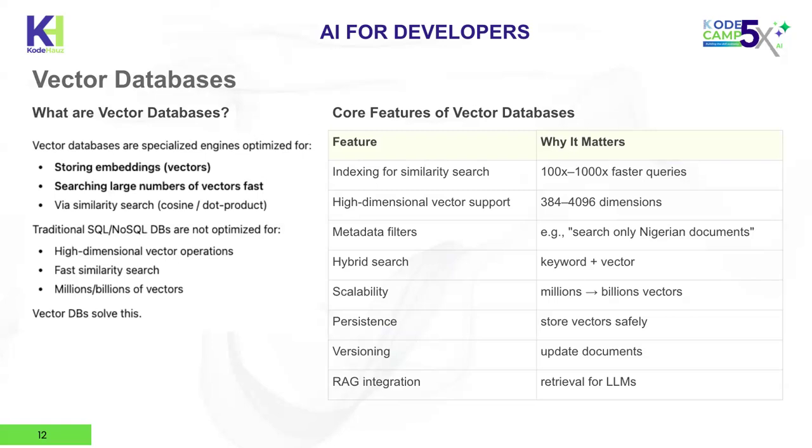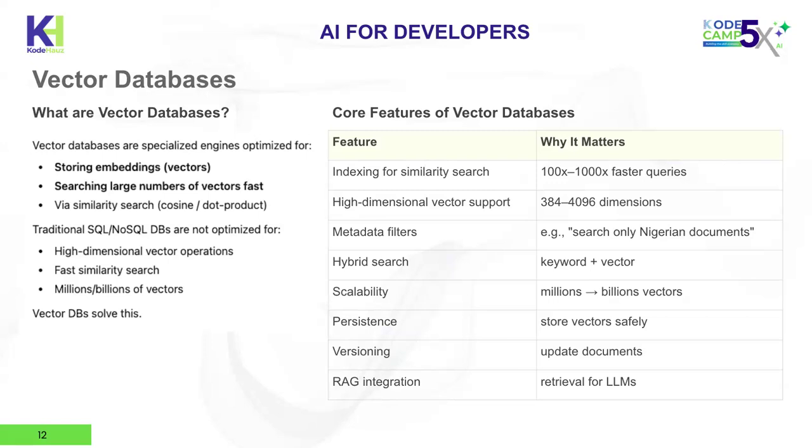So while the traditional SQL and NoSQL databases are made for searching on normal data, they're not optimized for high dimensional vector operations. They're not optimized for similarity search.